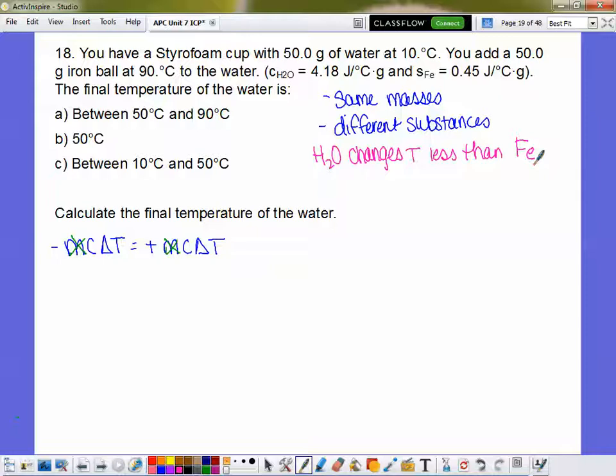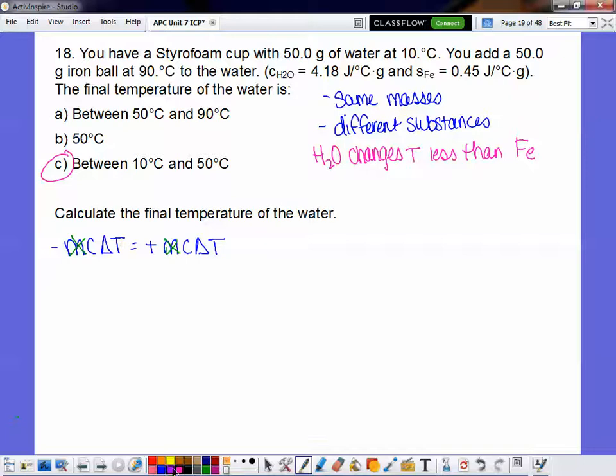So where do we predict our final temperature to be? C, between 10 and 50. Now go through the calculations on your own or in your pod to prove that the final temperature is between 10 and 50 degrees Celsius.